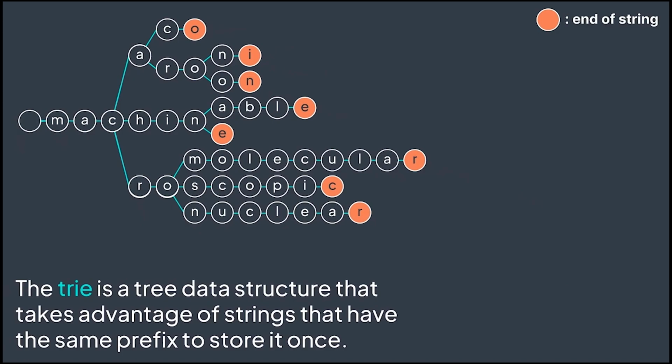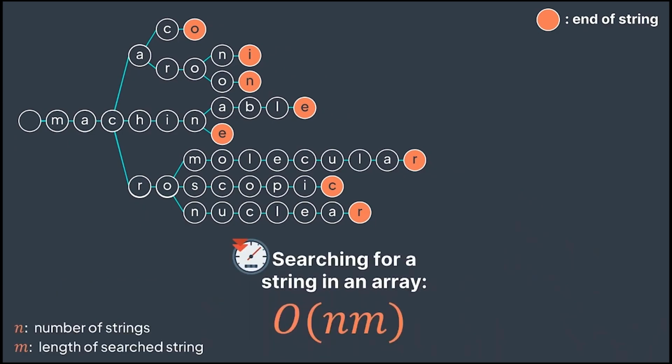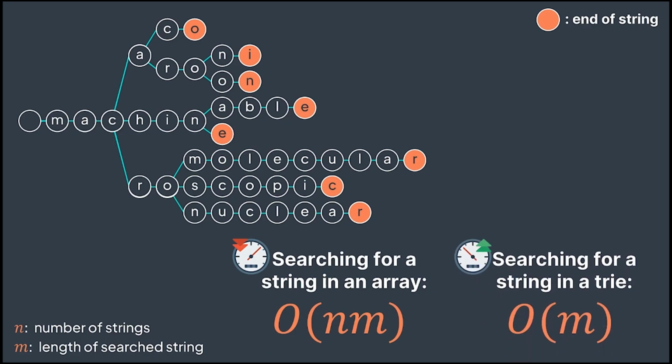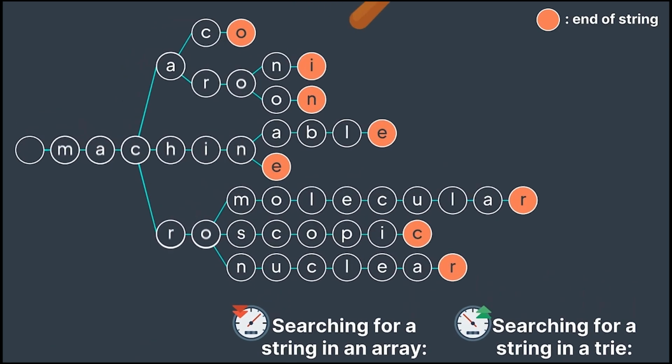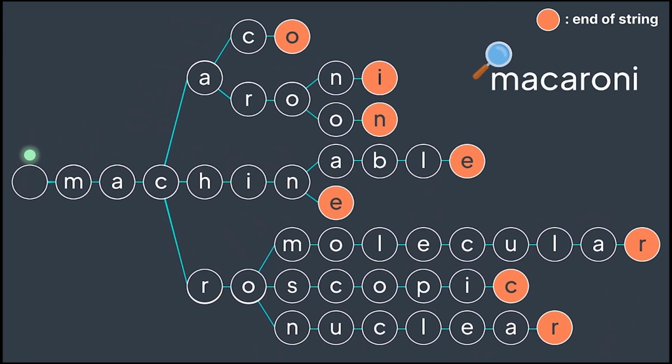If we store this in an array, the time complexity will be O(n times m), where n is the number of strings and m is the length of the search string. But in a trie, the time complexity is O(m), where m is the length of the search string. For example, if we search for macaroni, we start with the root and move to M-A-C-A-R-O-N-I. By this, we have taken only O(m) time and we have found our word.